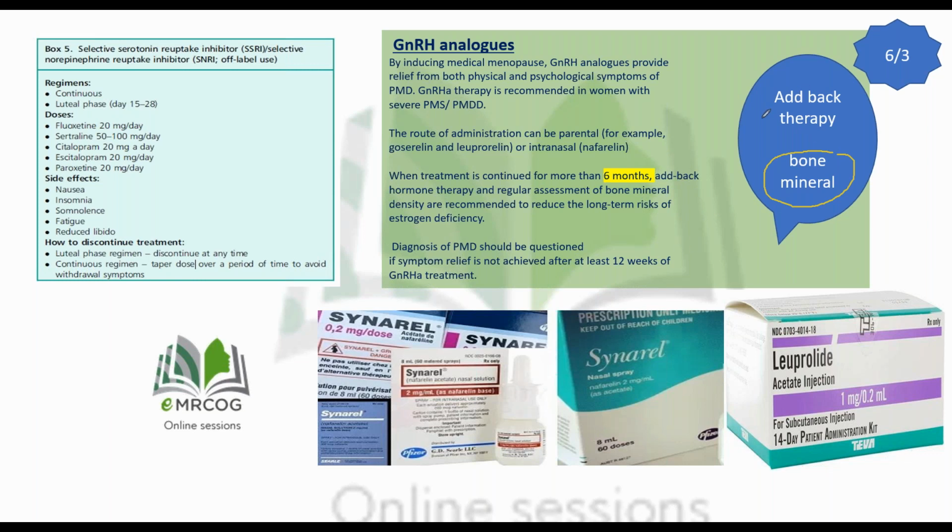So if the woman chooses to use the GnRH analog, this is one of the lines that carry risk, risk to the bone mineral density and the menopausal symptoms. So add back therapy is very important, and measurement of the bone mineral density is very important. Is it clear so far?